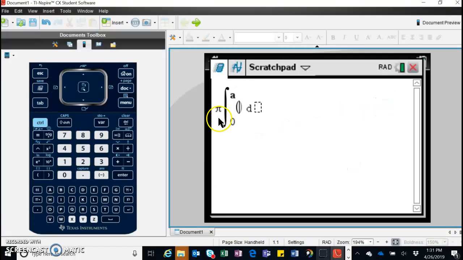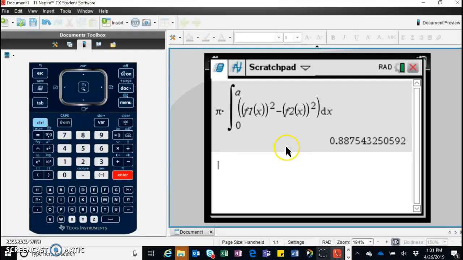Okay, my outer radius and inner radius they're not changing though. So F1, that first function, e to the negative x, is my outer radius that I want to square, minus the inner radius is the F2 function, that sine curve. And with respect to x, my answer is 0.887.